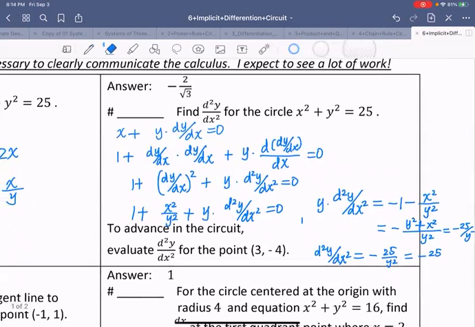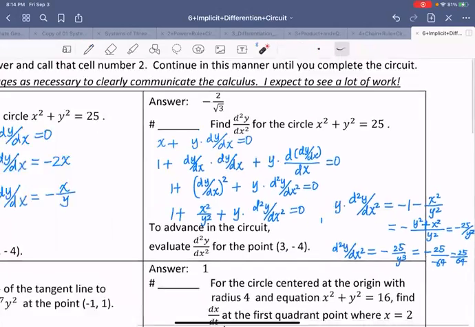Let's get one more step. Thank you for correcting. This is divided by y, so this is 25 over y cubed. This y cubed is -64. So this equals 25 over 64. Make sense? That's what's going on for this question.